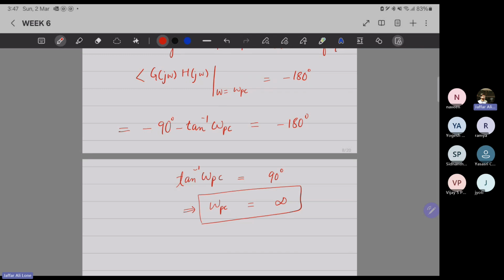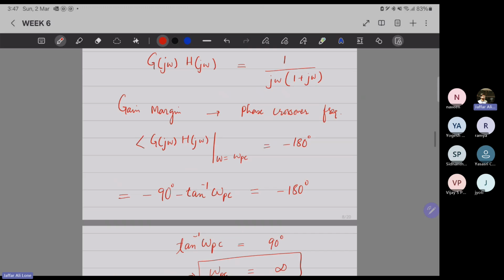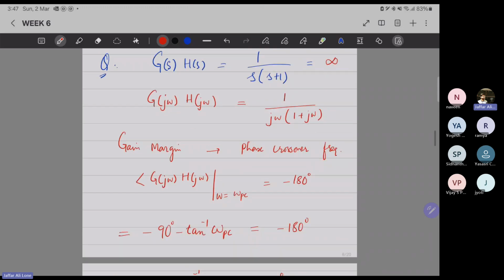But we will not stop here. What we will do, we will find the magnitude of G j omega H j omega at omega PC. So what is the mod value of G j omega H j omega? It is 1 over omega divided by square root of omega square plus 1. I did nothing, I just took omega square, that cancels with the square root, and omega square plus 1.